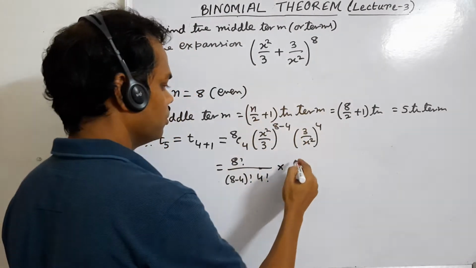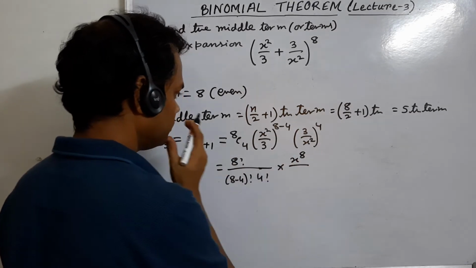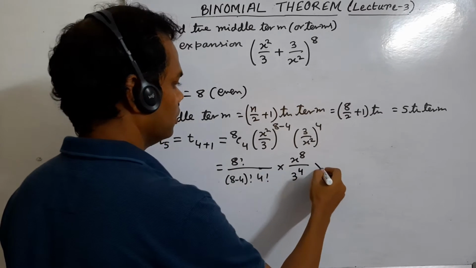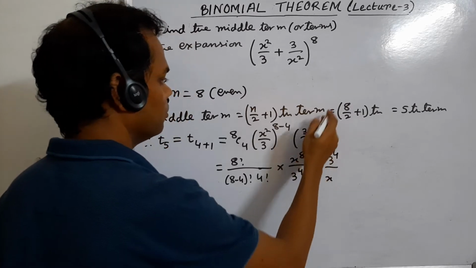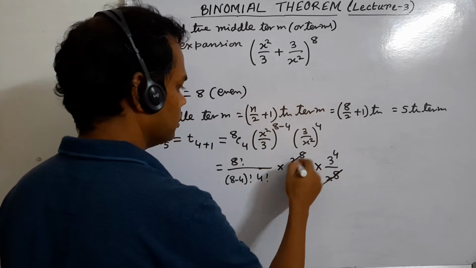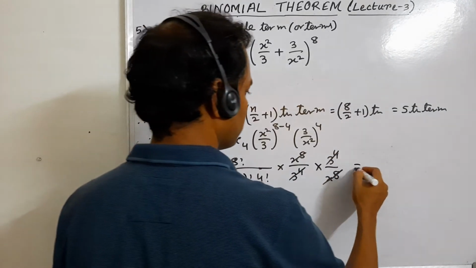So (x square) whole to the power 4 is x to the power 8, and 3 to the power 4, into 3 to the power 4 by (x square) whole to the power 4, which is x to the power 8.